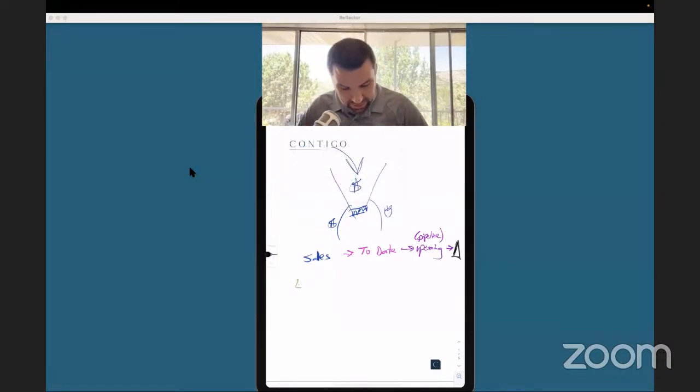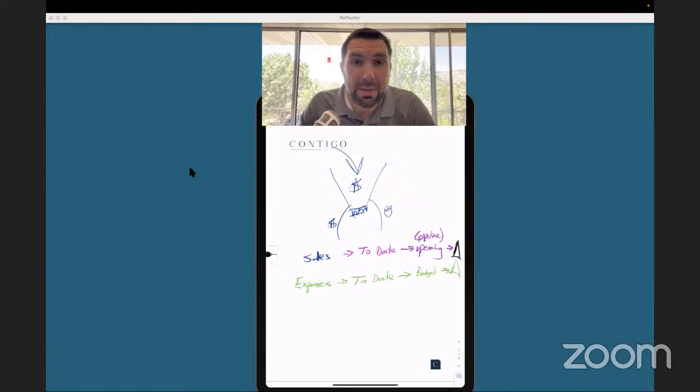Now the next thing we need to look at are expenses. And it's very similar. We need to know to date. We need to know our budget. And then we need to know the delta. So with sales, the budget, that sounds very formal.